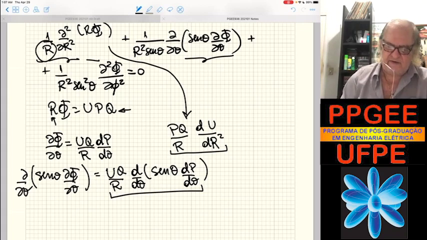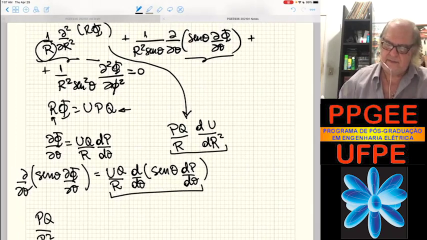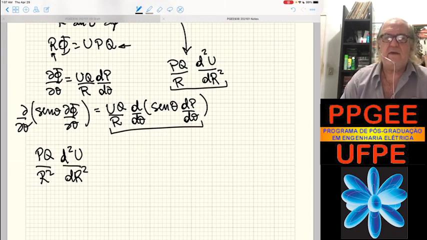With an r. So the first term just gives p q over r squared. This is second derivative, sorry.